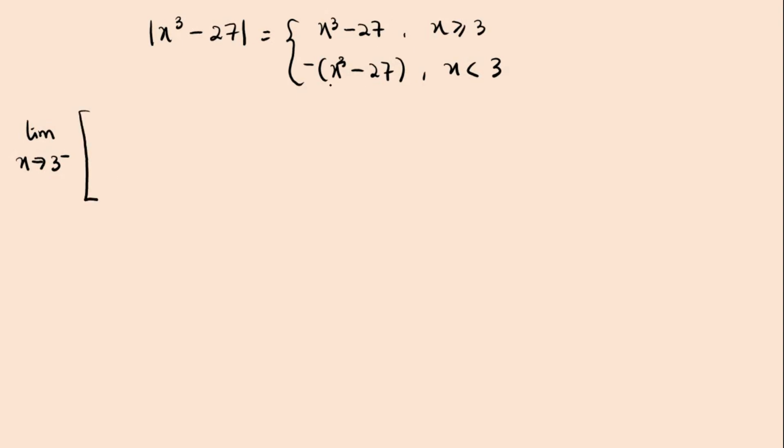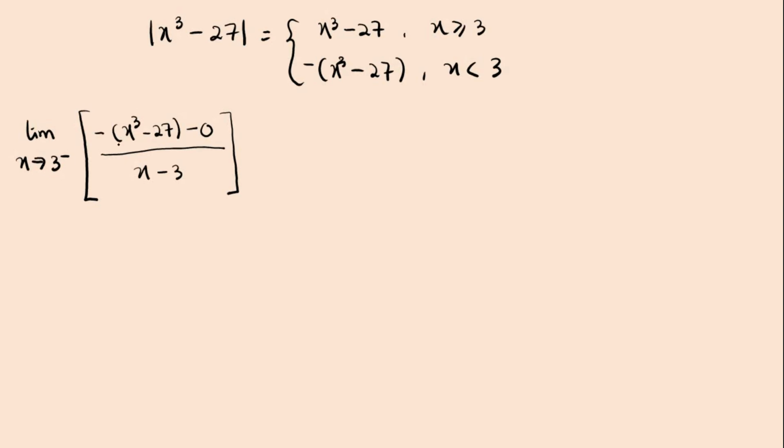For 3 from the left, our function would be negative of x cubed minus 27 minus f(a). If we substitute 3 here, you get 0 divided by x minus a. Now if we use the concept of limit, once I substitute here, I will get 0 over 0, where we will get an indeterminate case.